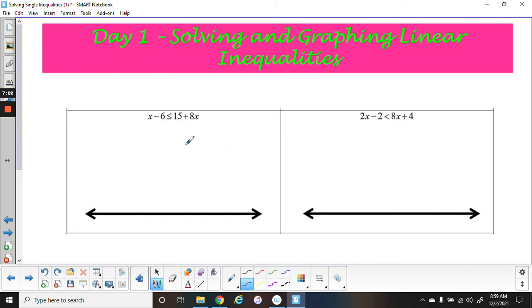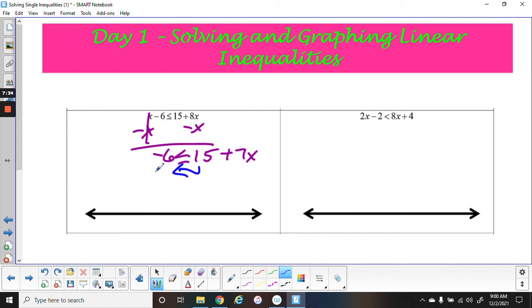All right, so now we've got variables on both sides, so we need to get them on one side. So that's a positive x and a positive 8x. So I'm going to subtract x. There they cancel, so I got -6 is less than or equal to 7x. Oh, nope, I need my 15. Less than or equal to 15 plus 7x.